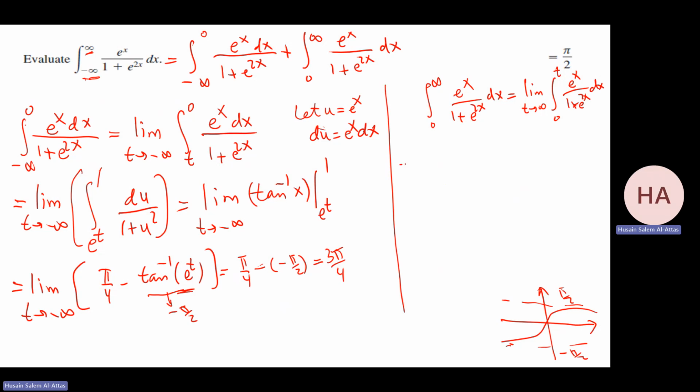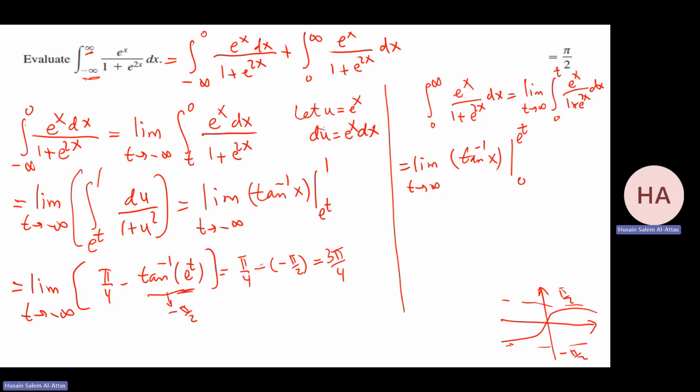We did the integration before. I know it will be tan inverse of x, where x goes from 1 to e to the power t. It will be from 0 to e to the power t.